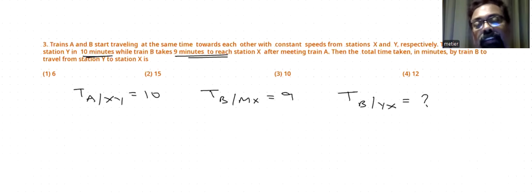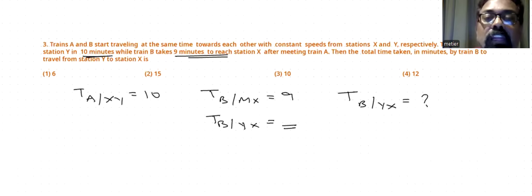Now check, if train B takes 9 minutes to travel MX, then train B had taken a certain time to travel from Y to M, not X, it is Y to M.